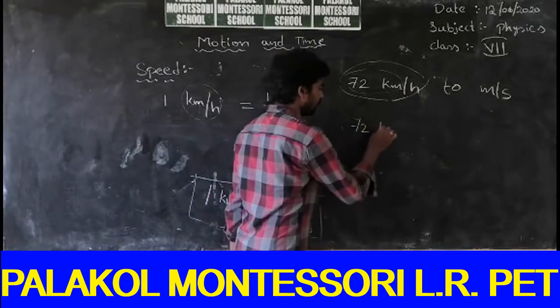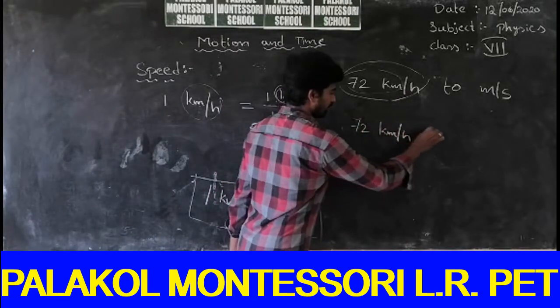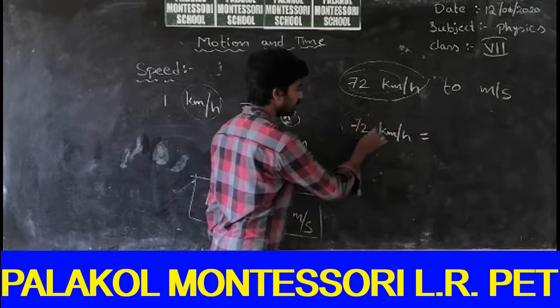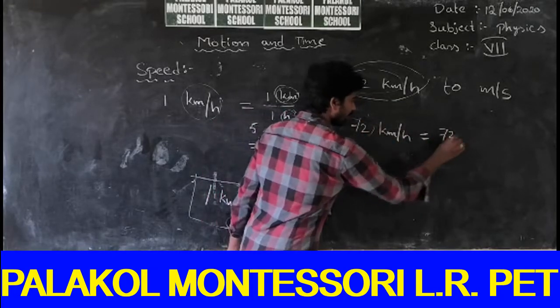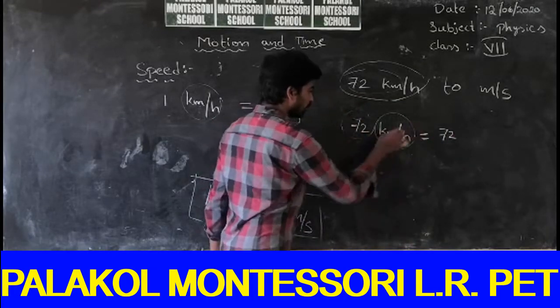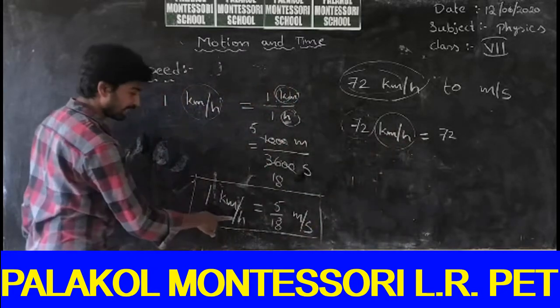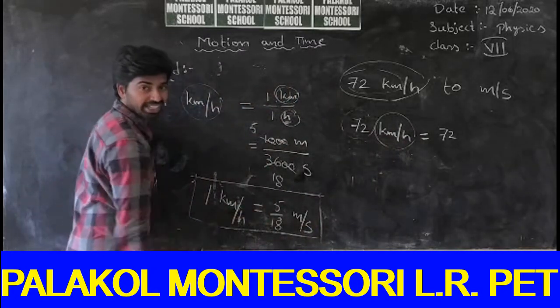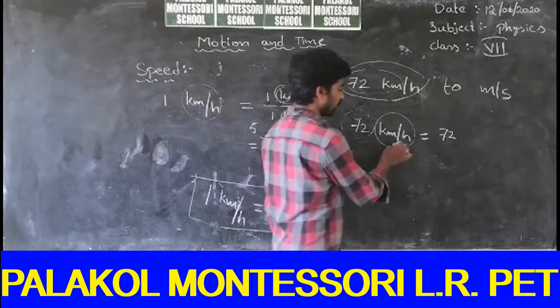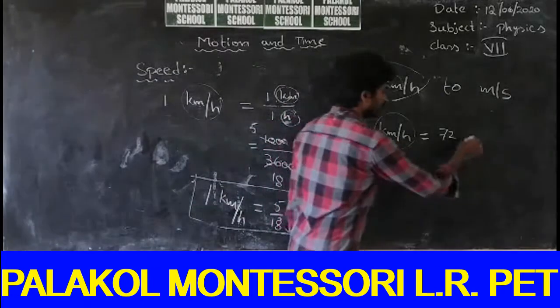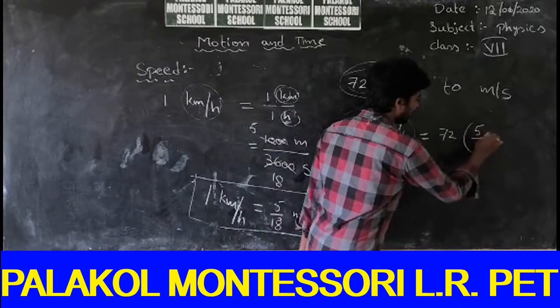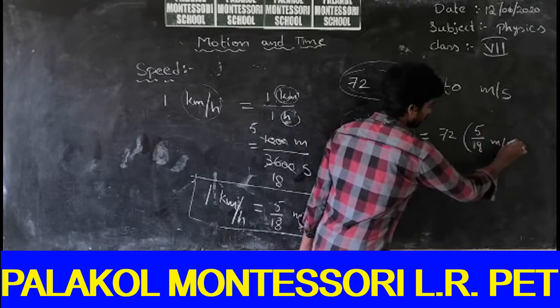So I write the numerical value 72 as it is. Kilometer per hour is equal to 5 by 18 meters per second, so in the place of kilometer per hour, substitute 5 by 18 meters per second.